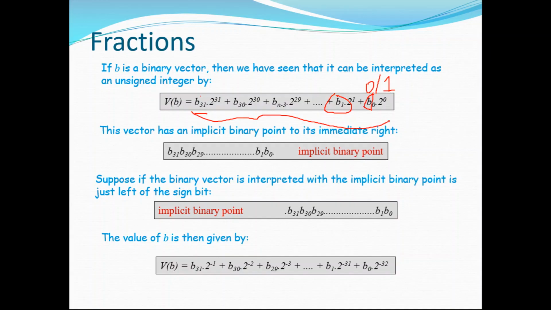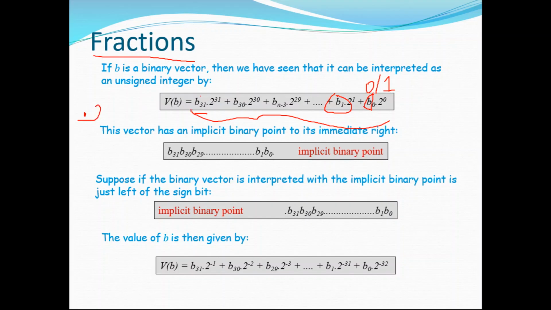Okay, so whenever we talk about fractions or floating point numbers, we talk about the binary point. In a decimal number we call this the decimal point, but as this is a binary number we call it the binary point. So how does this binary point come in?